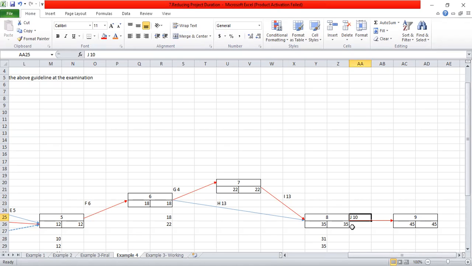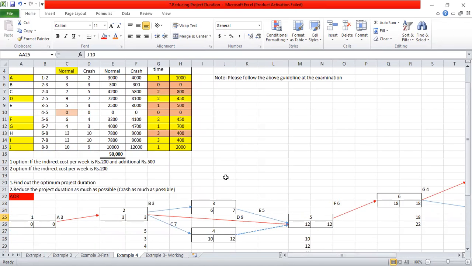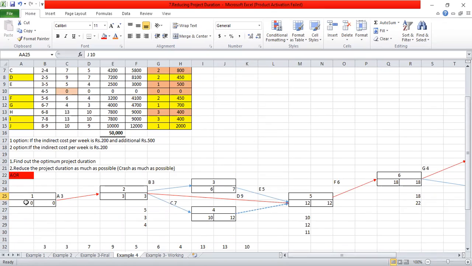After drawing this project network, you have to calculate the times as well. I will start with 0. To that 0, you add 3, the normal time of the B activity, so 6 here.